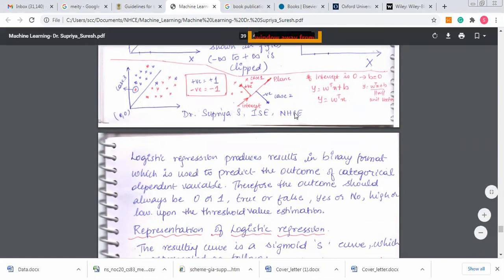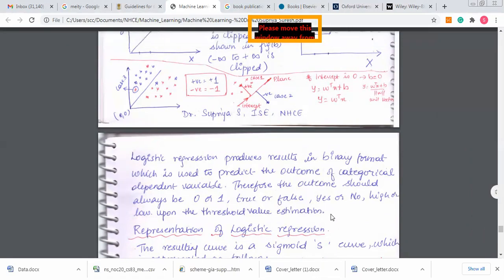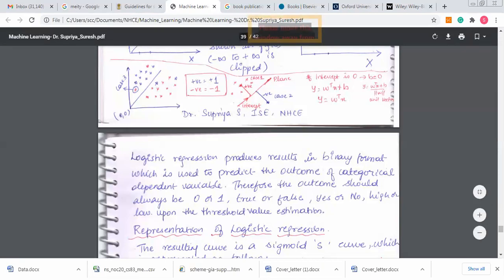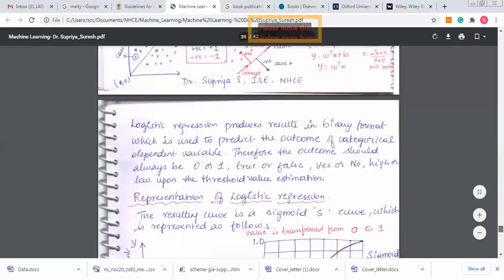Therefore, the outcome should always lie between 0 or 1, true or false, yes or no, high or low, upon the threshold value estimation. We had a threshold value over here. Based on the threshold value of 0.5, below 0.5, it falls to 0, above 0.5, it falls to 1, or true or false, yes or no, high or low. So basically the outcome is a categorical dependent variable.